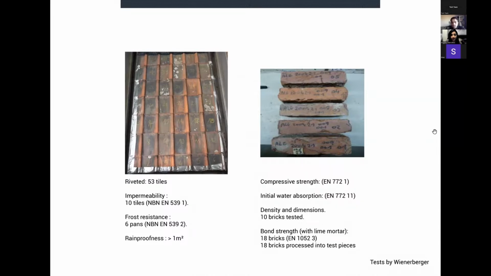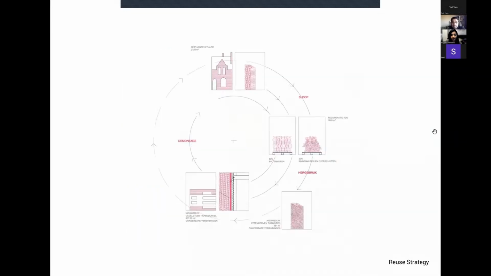The bricks had a good durable compressive strength which could be reused again, and at the same time the roof tiles had to be treated a bit, but could be reused again in the new construction. So this is the reuse strategy for the start.